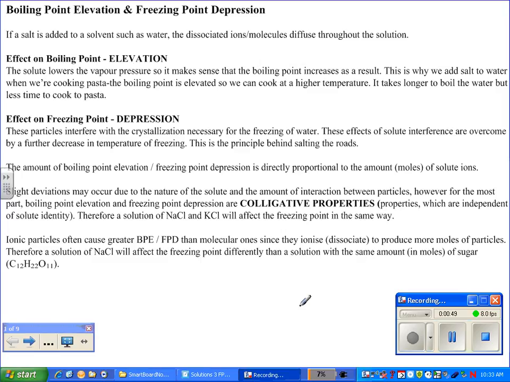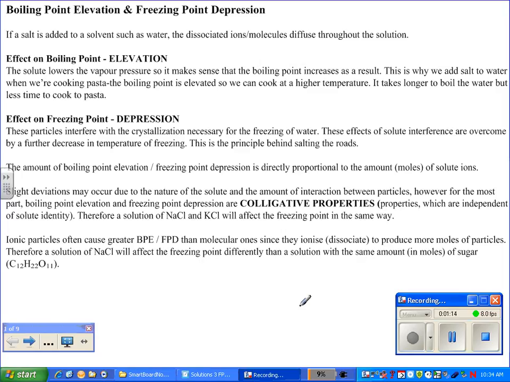Now, when we look at boiling point elevation, what this means is that if we have pure water compared to a solution where we've dissolved something into the water, the solution will have a higher boiling point. We experience this when we're cooking pasta. We're told that we should add salt to our water when we cook pasta.